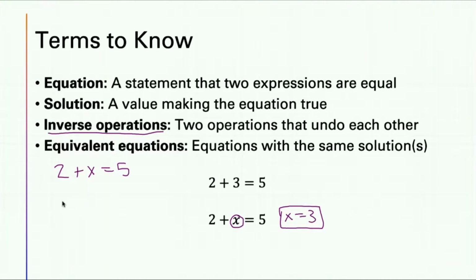And an easy one would be 10 plus 5x equals 25. These two equations have the same solution, x equals 3, so they're equivalent. And if you look closer, you may have noticed that all I did was multiply this equation by 5. Well, it's a different equation, though, so they're still equivalent equations.